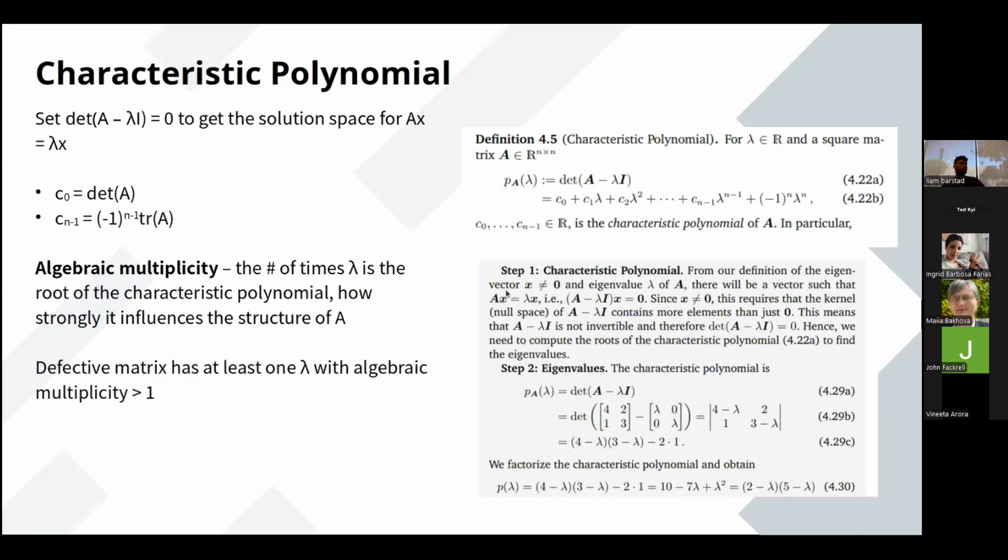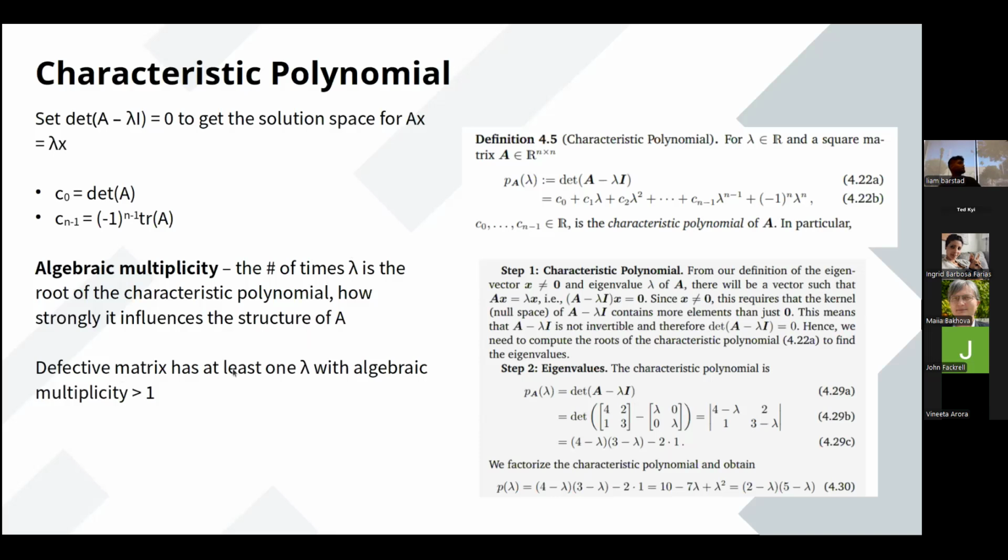And I'll show in just a second what I did as far as solving this with code, because it's very similar and kind of different at the same time. But algebraic multiplicity is the number of times that each eigenvalue is a root of the characteristic polynomial, or when it equals 0, and that is how strongly it influences the structure of the matrix.